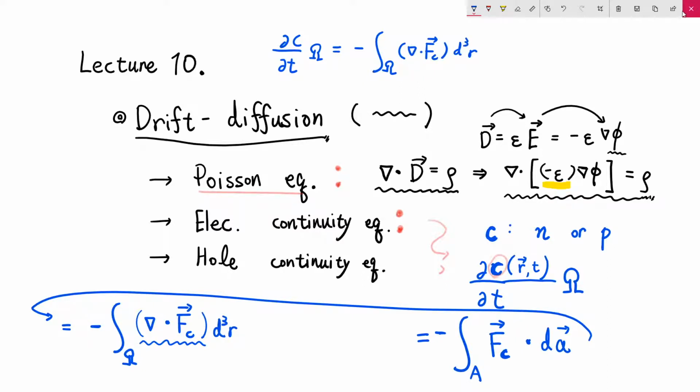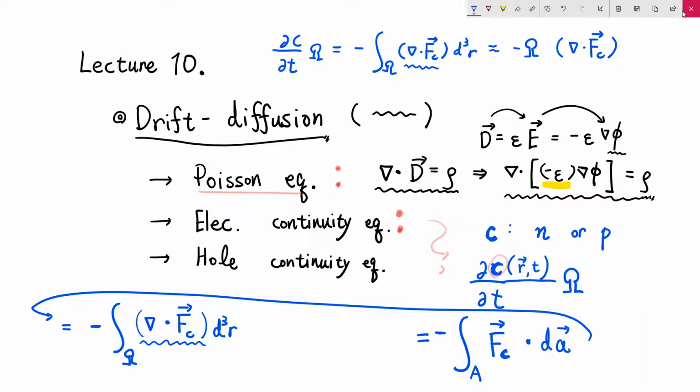However, if we make the volume omega really small, then the variation of this divergence term will be quite small, because we are just still considering a really small volume omega. Then that can be easily approximated as just multiplying the volume and the divergence of Fc.